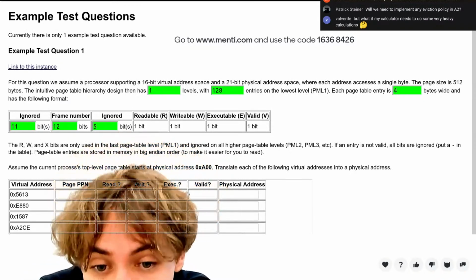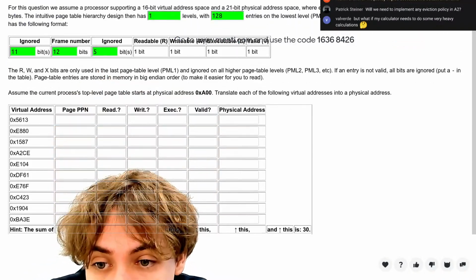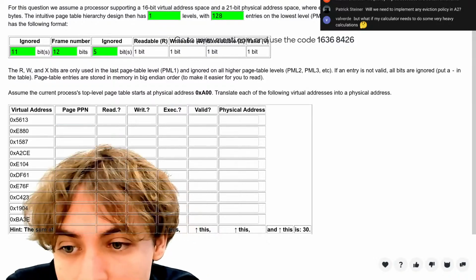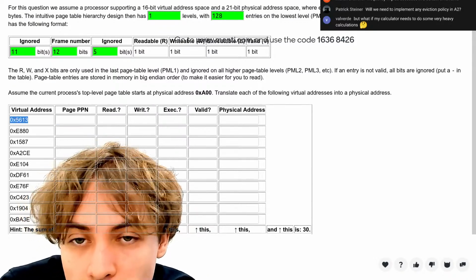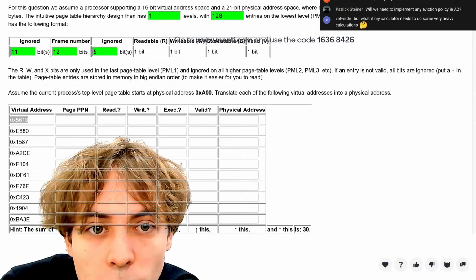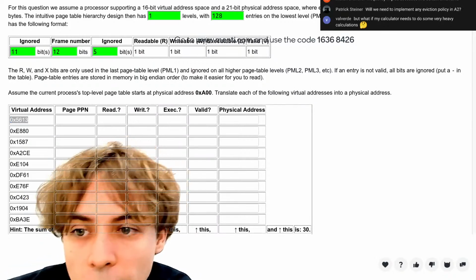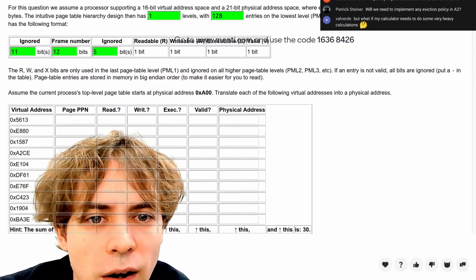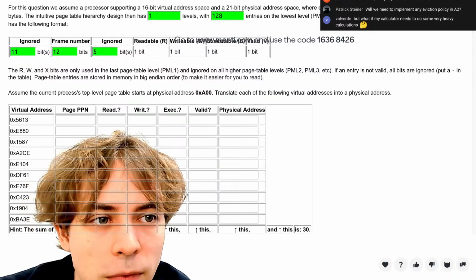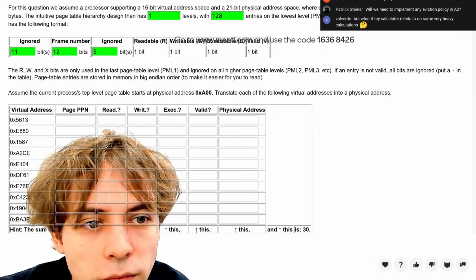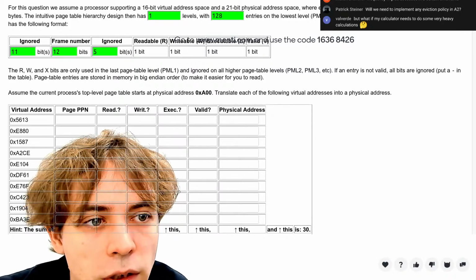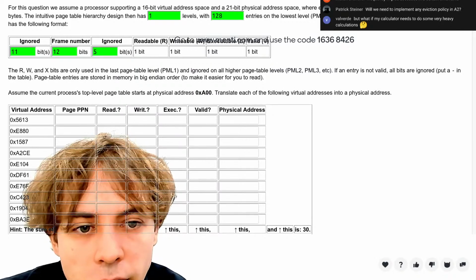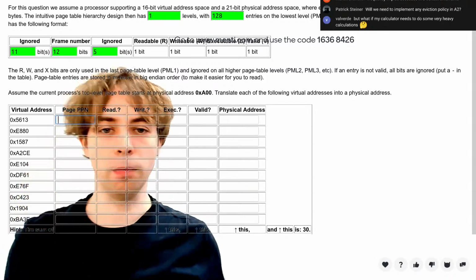Okay, very nice. Let's take a look at the first address here, and we will compute how this works. So let's start again with this number, and I need to make sure that I also see what I'm typing there. Okay, maybe like this. So page PPN.